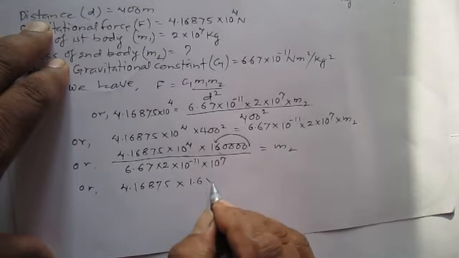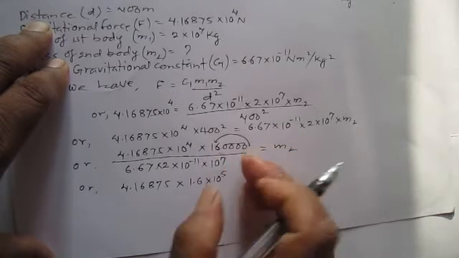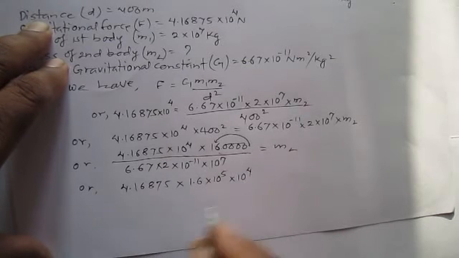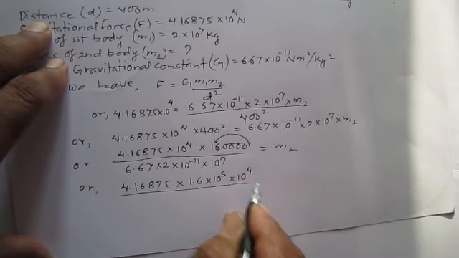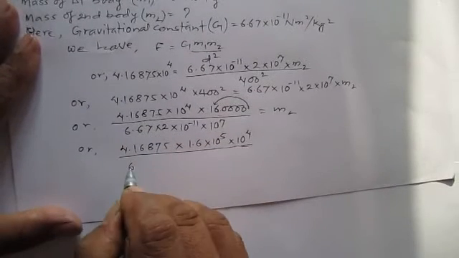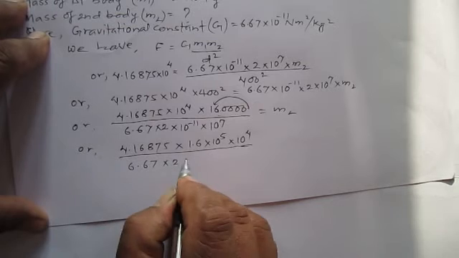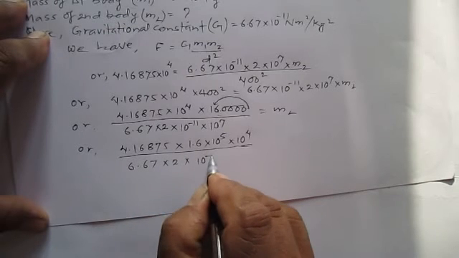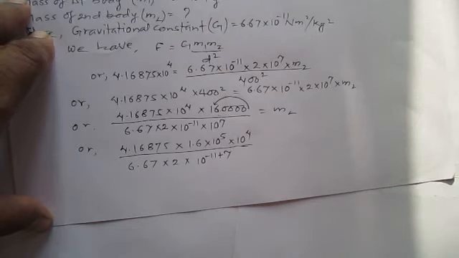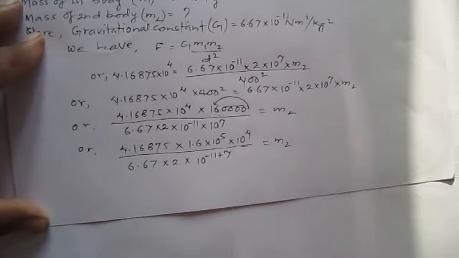That's why 1.6 into 10 to the power 5 is equal to 16 having 4 zeros into 10 to the power 4. This is also written. Now whole upon 6.67 into 2 into 10 to the power minus 11 and 10 to the power 7, plus 10 to the power 7 taken in the same power, is equal to M2.